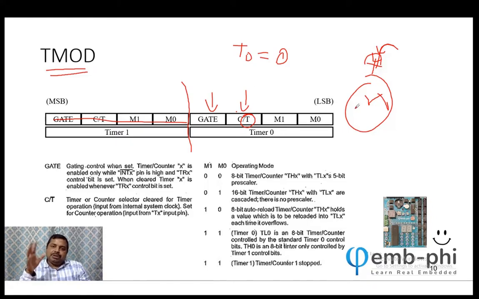So if we want our timer to also be controlled externally, meaning that from outside, if we press the button, it should start, otherwise it should not start, then we can make this bit one. I'll give one more example.